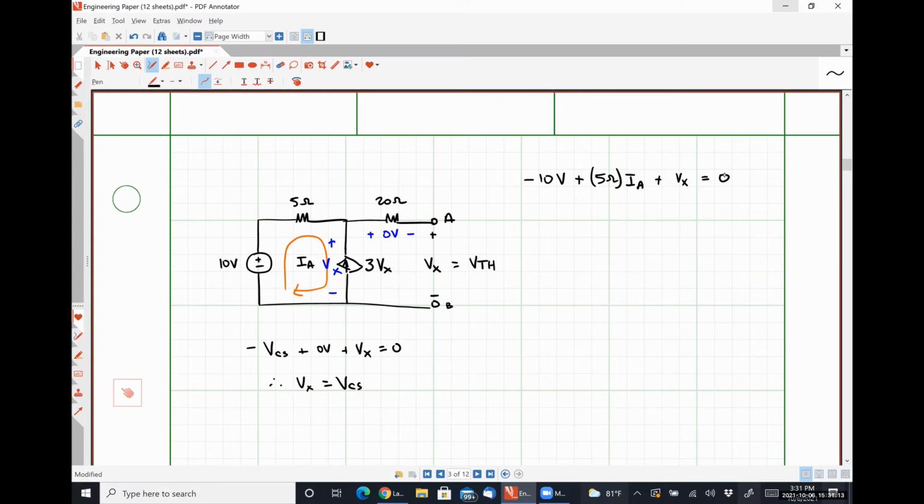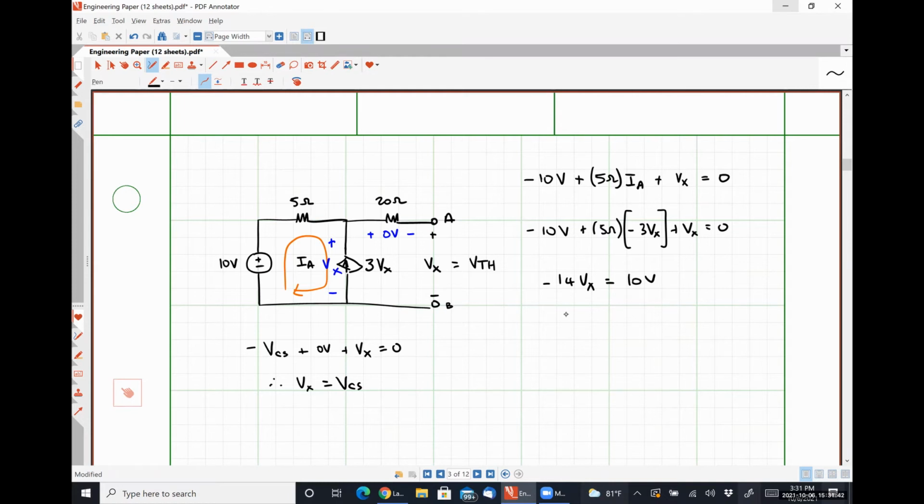So what we wind up having is negative 10 volts plus 5 ohms times negative 3 Vx plus Vx is equal to 0, which looks like negative 15 Vx plus Vx, or negative 14 Vx is equal to 10 volts. If my algebra is correct, if it's not, by all means, tell me.